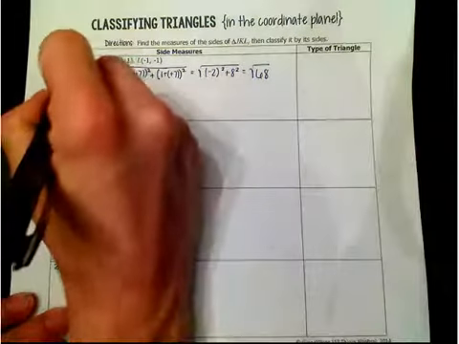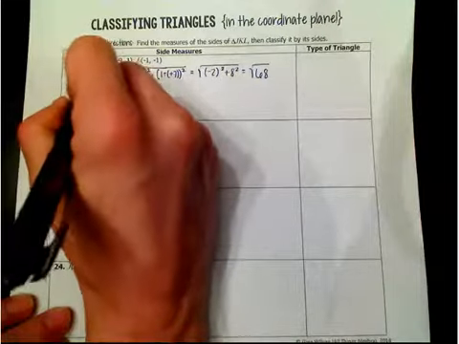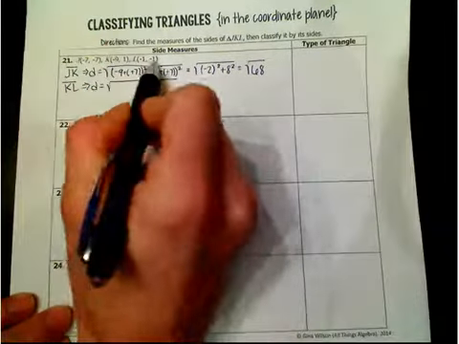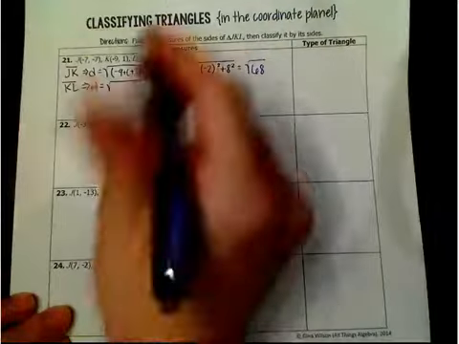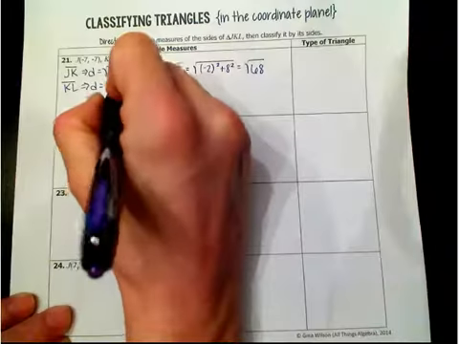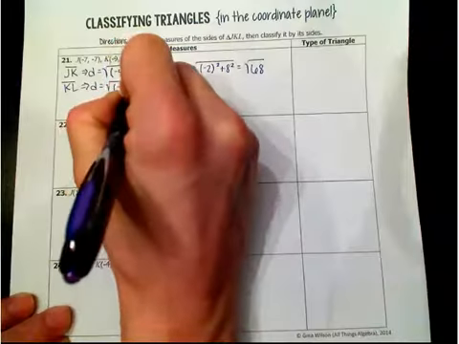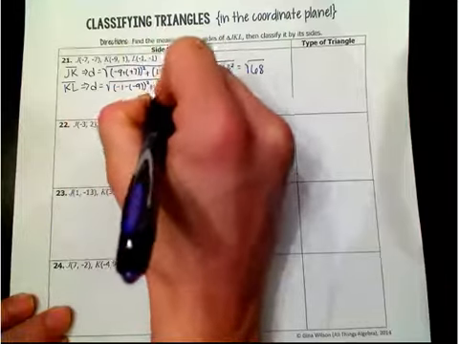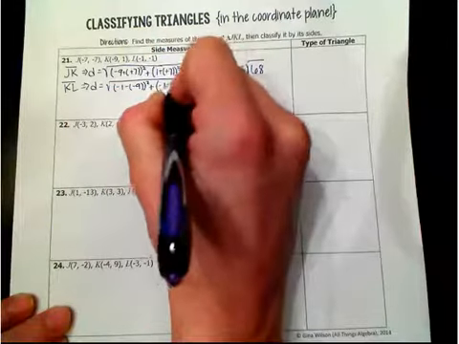So next I'll try KL, and I'm going to use point K and point L for this one. So we'll do x2, which is -1 minus -9 squared plus -1 minus 1 squared.